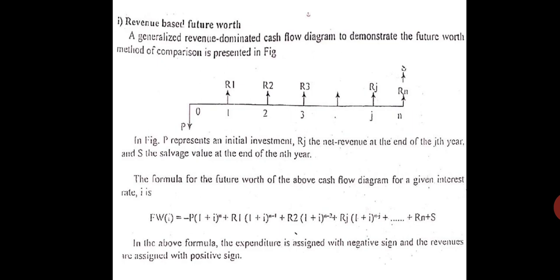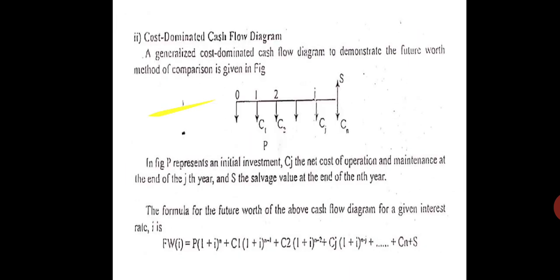So the formula again with the cash flow diagram: future worth at the interest rate i is equal to minus P(1 plus i) raised to n, plus R1(1 plus i) raised to n minus 1, plus R2(1 plus i) raised to n minus 2, plus Rj(1 plus i) raised to n minus j, plus Rn plus S. Again, the expenditure is assigned a negative sign and the revenues are assigned a positive sign.